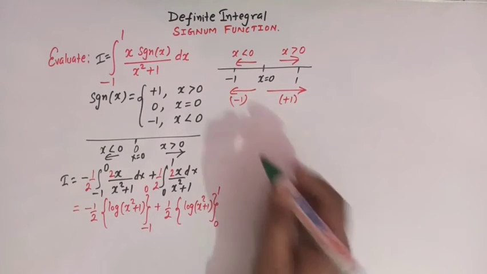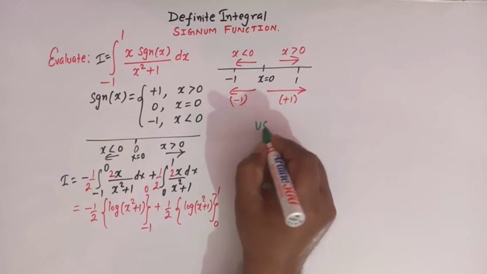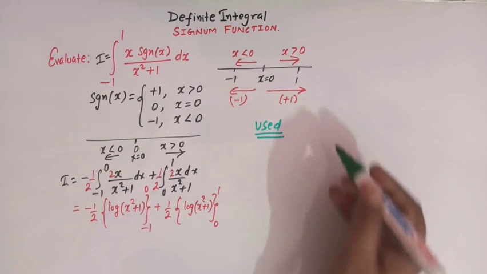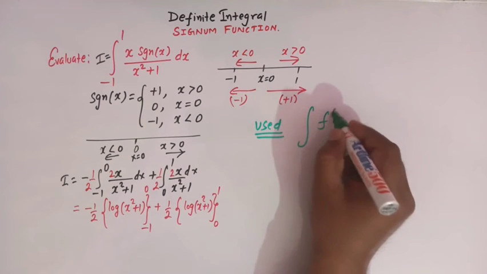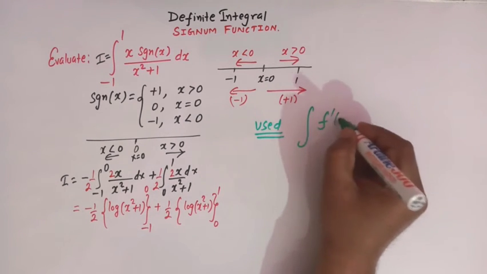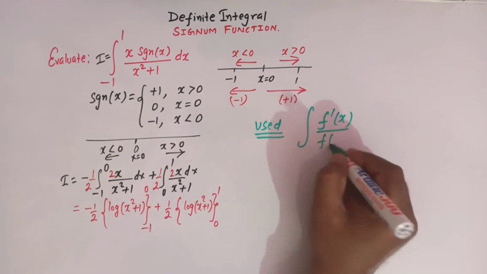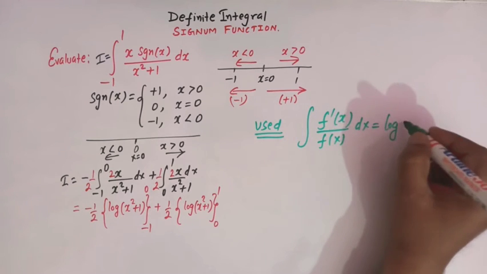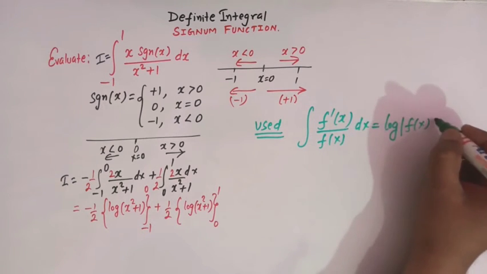Now here we have used a very important result from integration, that is the integral of f prime of x over f of x dx is always equal to log of f of x, right?